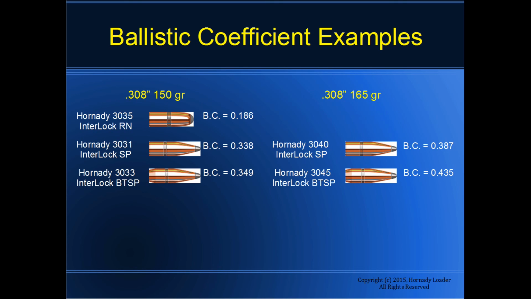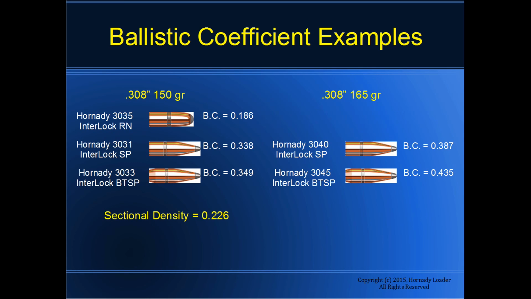So in addition to the shape of the nose of a bullet being a major factor in the ballistic coefficient calculation, the weight of the bullet also has a major effect on the ballistic coefficient.